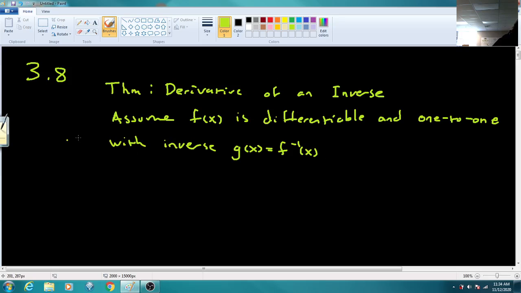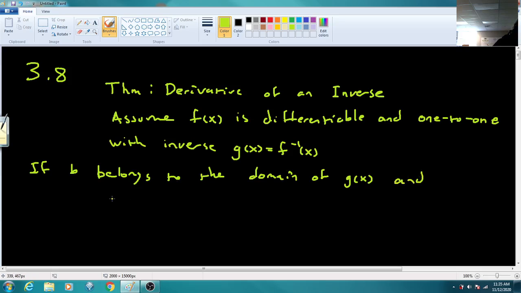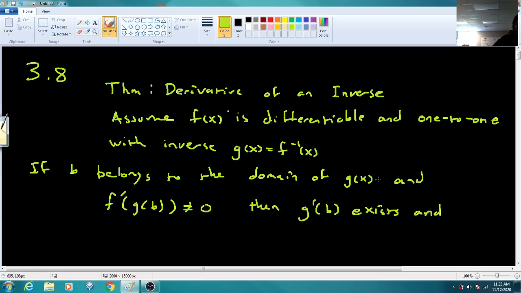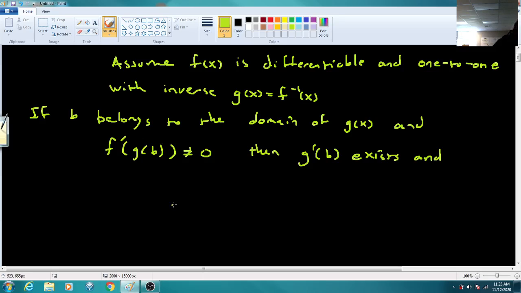Then we say if b belongs to the domain of g of x, and f prime of g of b is not equal to 0, then g prime of b exists, and we get our equation for all this, which is g prime of b equals 1 over f prime of g of b.